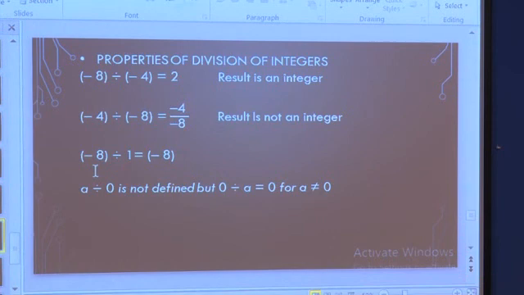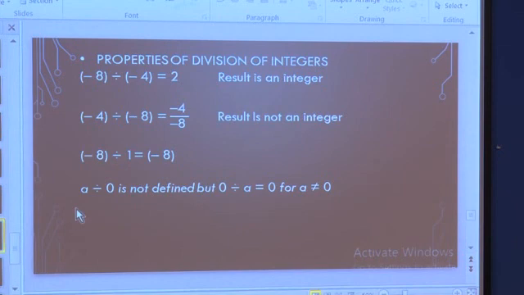So, this property does not hold for division, that we will not get a result as an integer every time. Here is one more example, minus 8 divided by 1. When you divide minus 8 by 1, we get minus 8. You know very well, division by 1 gives the same number, so it is minus 8.